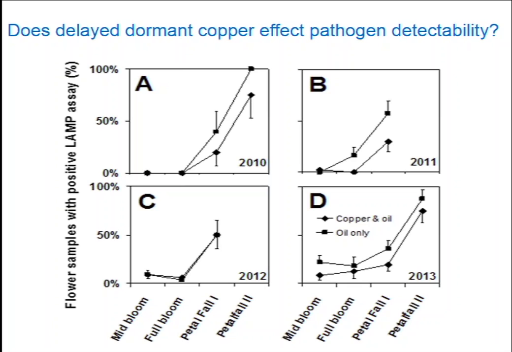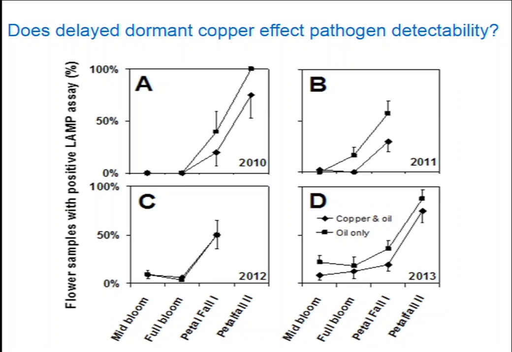We had been successful in 2010 and 2011. We repeated it in 2013 after the 2012 year, and again we got the same results as 2010 and 2011, where the copper both delayed the buildup of inoculum in the flowers and also reduced the overall amount.